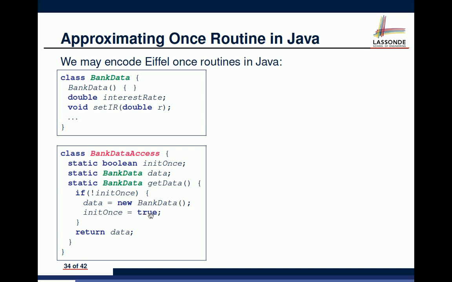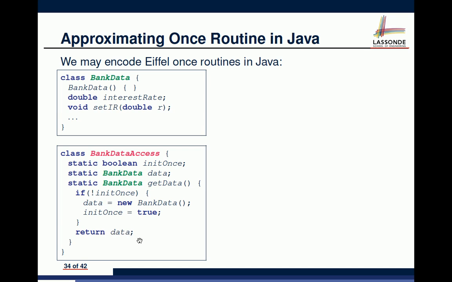You can think about what's going to happen if I try to call this get data the second time. For the first time, the init once will be set to true. That means when I call get data the second time, this init once, not the case, will just be false, which means I don't get that anymore. I simply return just the data.